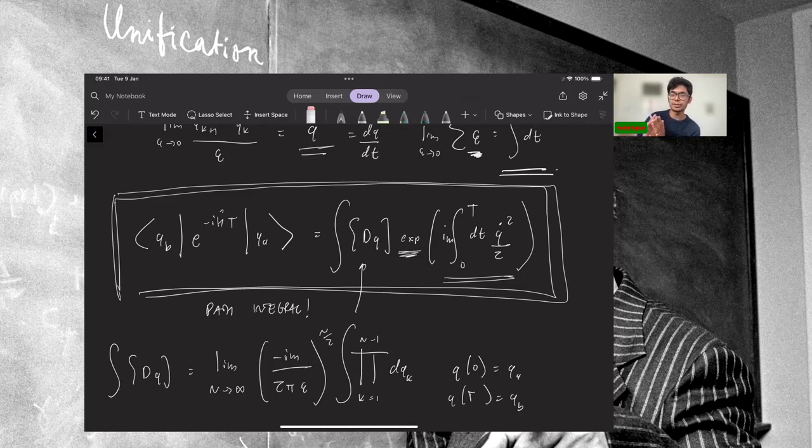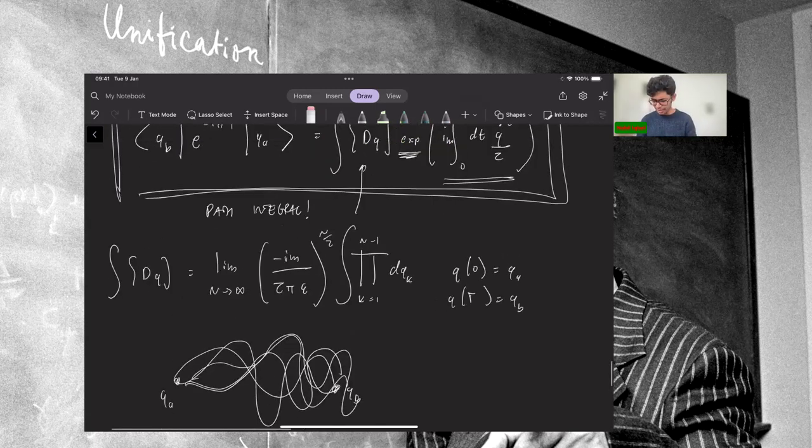Another question: if it's not convergent, can we renormalize the integral? There are many ways in which this integral is not convergent. One has to do with the fact that we're taking the separation between time points to be very, very small, and the limit as epsilon goes to 0 is not actually convergent. You can see that here: there's a product over n, and n goes to infinity, so this is a hugely infinite number.